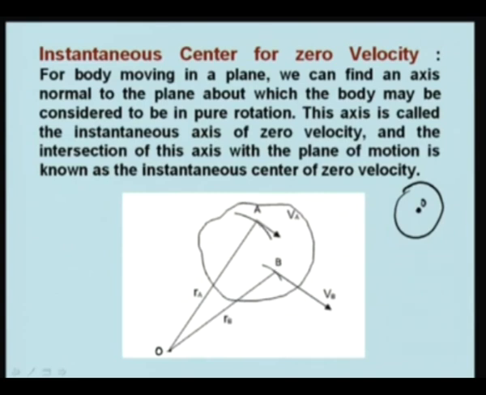Now, I can draw a perpendicular to VA. Therefore, the instantaneous center will lie somewhere on this line. Similarly, I can draw a perpendicular to VB, and the instantaneous center will lie somewhere on this perpendicular. Both these lines intersect at a point, which provides us the instantaneous center of zero velocity.